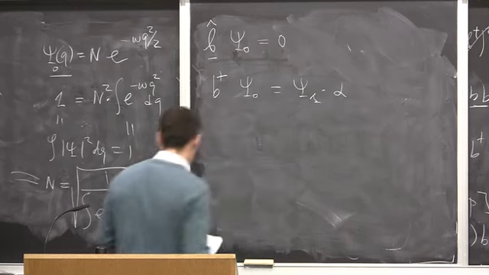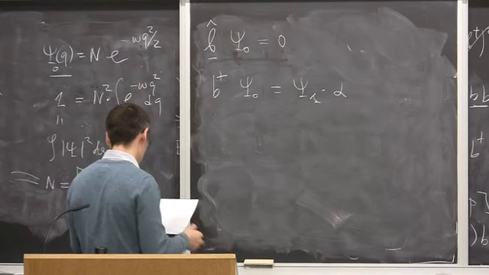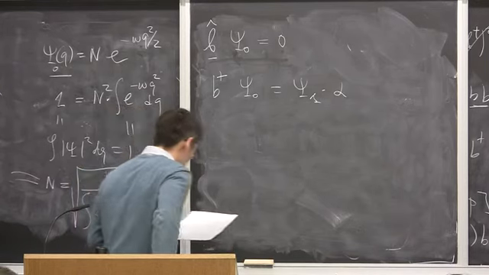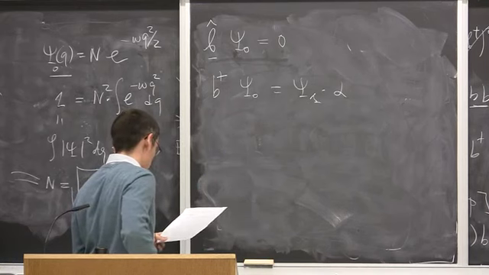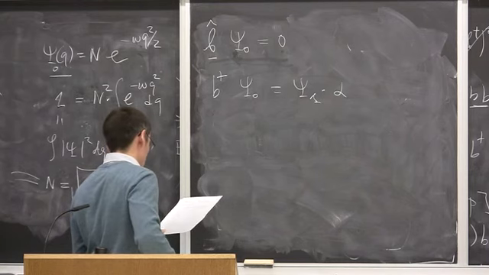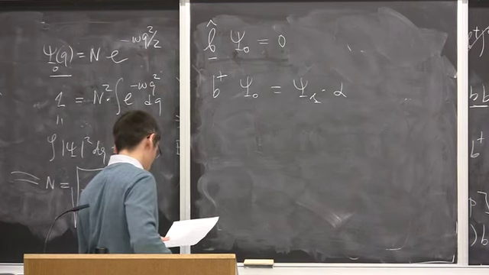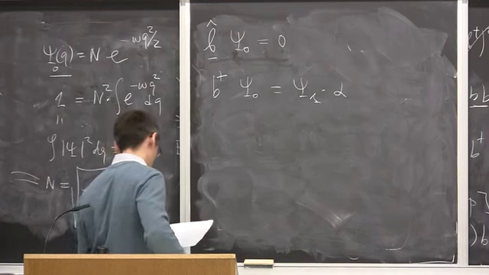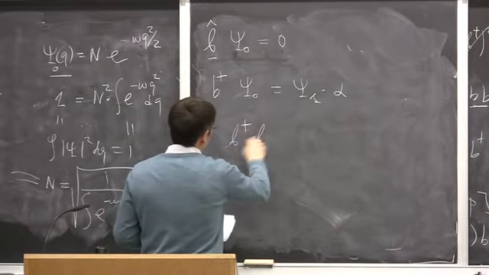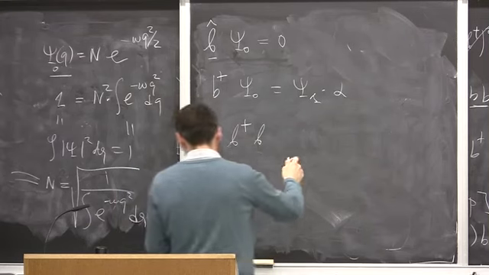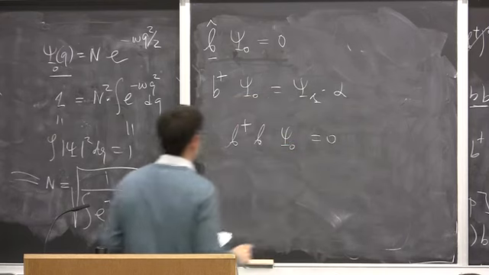And so now we find what this constant is from the fact that b dagger b, if it acts on the 0 function, gives us 0.